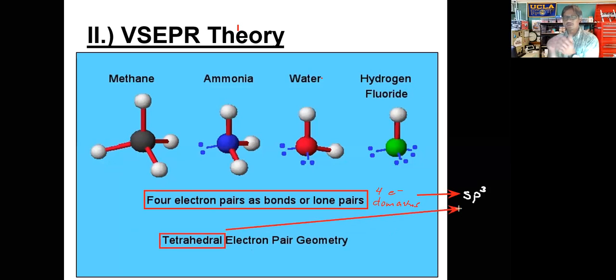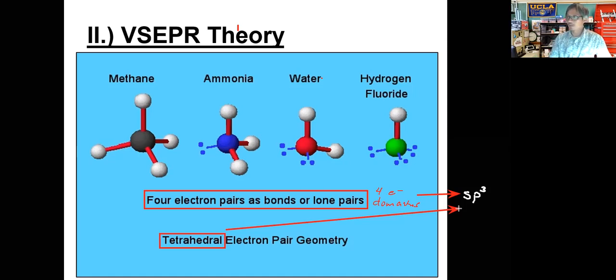So both of those, the fact that we have 4 electron domains and the fact that the electron geometry is tetrahedral, we can use to help us determine that the hybridization of each one of these atoms will be sp3.